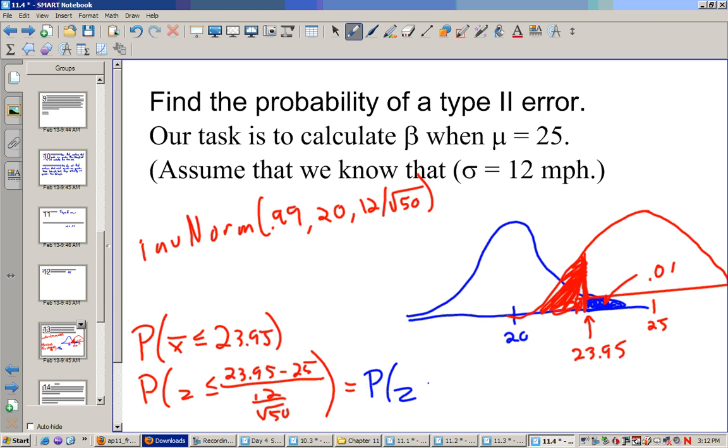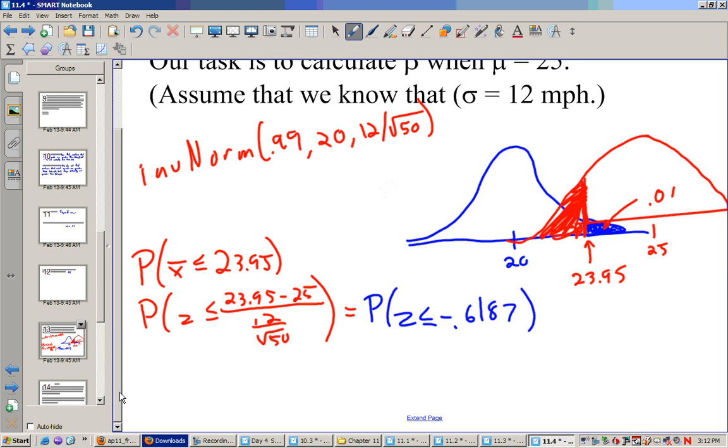That's the probability my z-score is less than negative 0.6187. And so I use a normal CDF from negative infinity to that answer, and that's 26%, so 0.268.